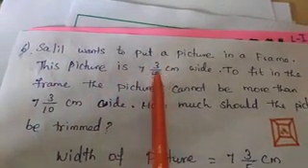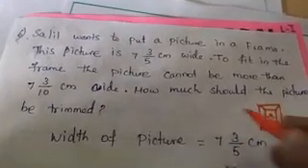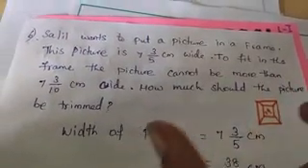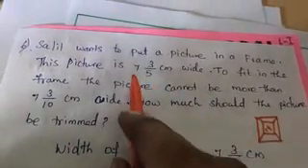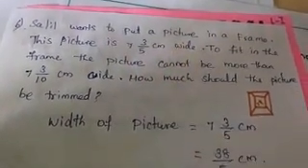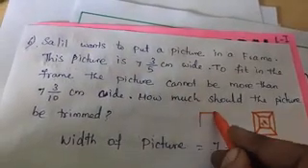But see, this picture is 7 3 by 5 centimeters. We already drew the picture somewhere else and kept it ready, and we want to frame it. So the width of the picture is 7 3 by 5 centimeters. Suppose this is the picture.